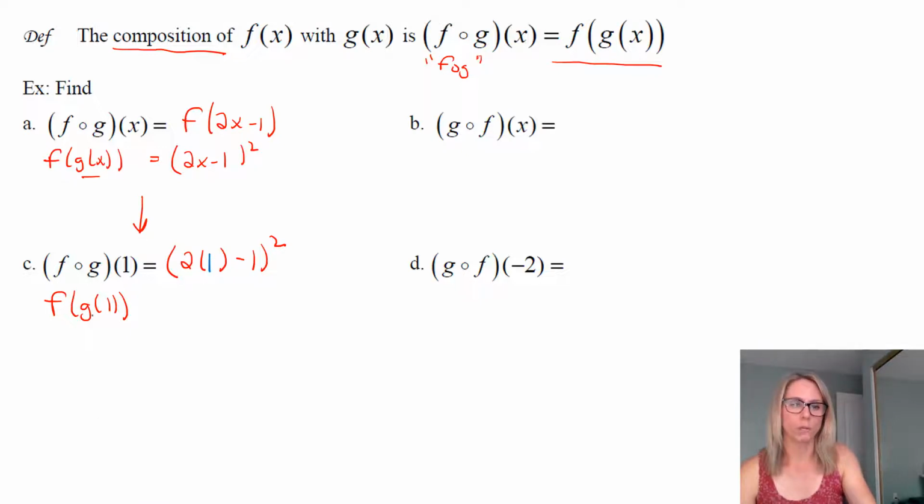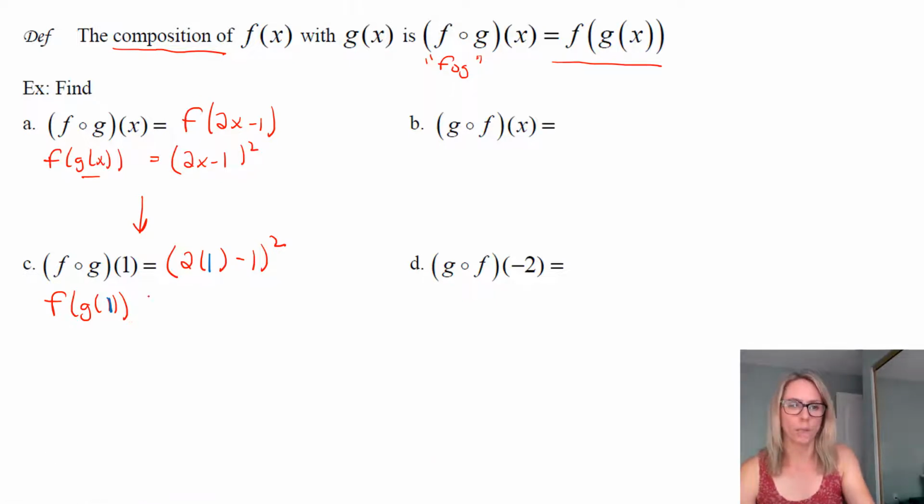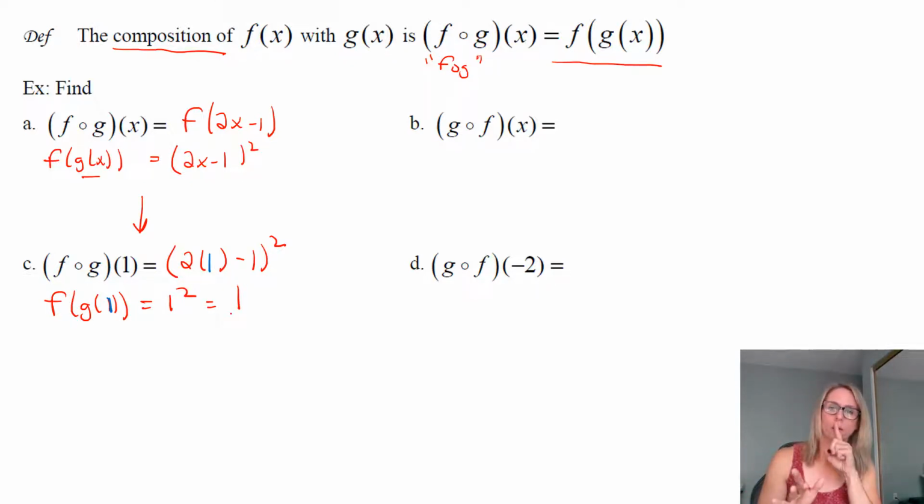Just like that. So maybe I'll write it here so you can see. We're putting that 1 in where we see x into the composition that we've already done. So it looks like we're going to have 2 minus 1, which is 1 squared, and that's just going to give us 1. So if you would like, I would really like it if you could pause this and do B and D so that you can see the answer to that and kind of work it out yourself.